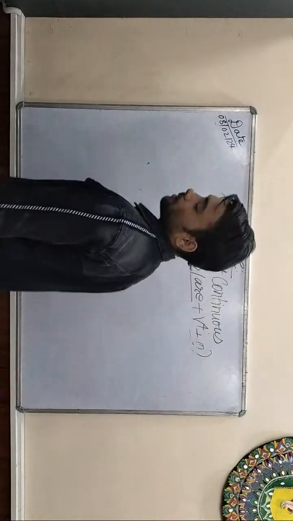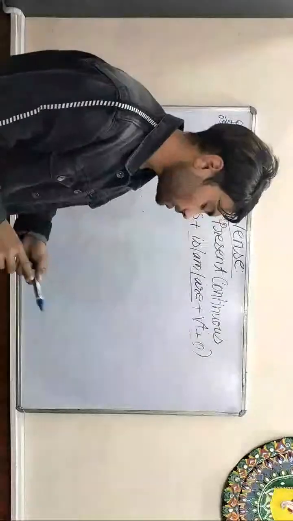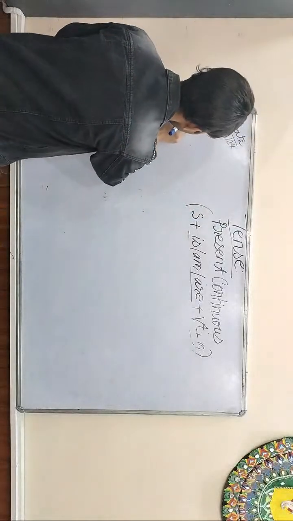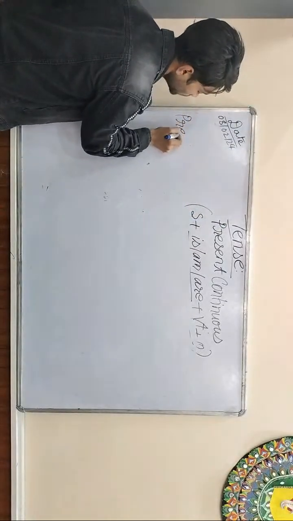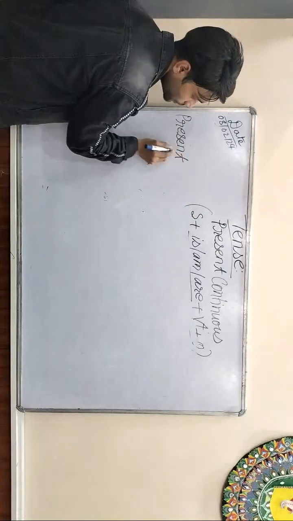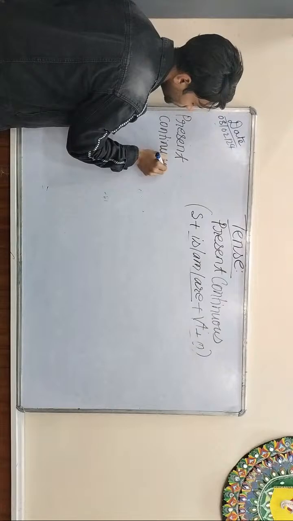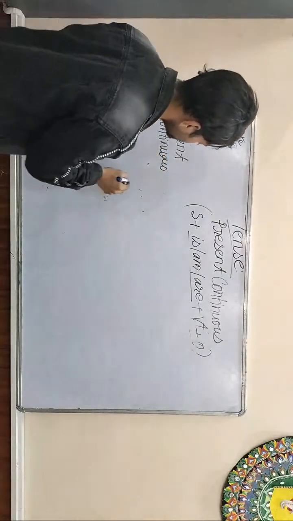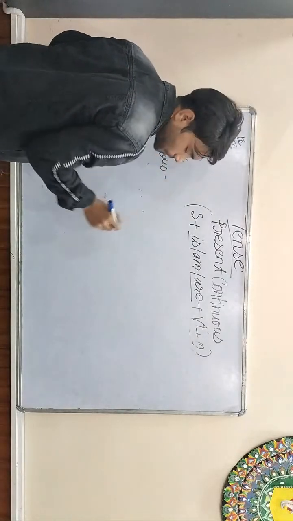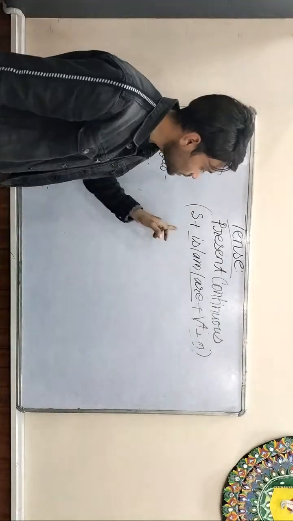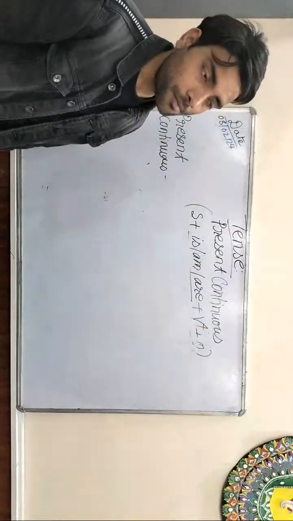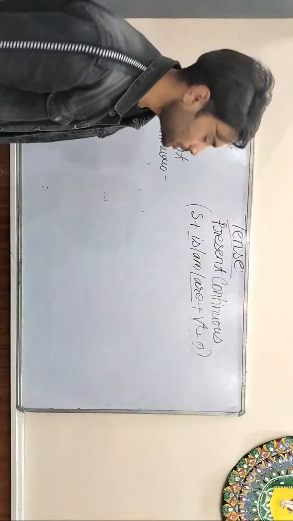The structure for present continuous tense is what? For affirmative, is, am, are are the helping verbs which are used in present continuous.